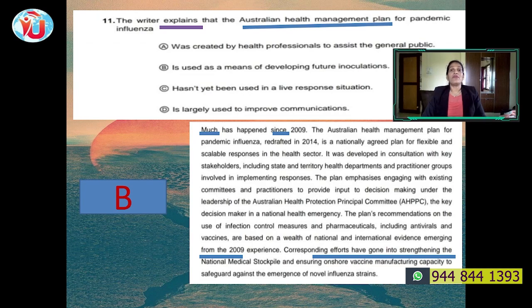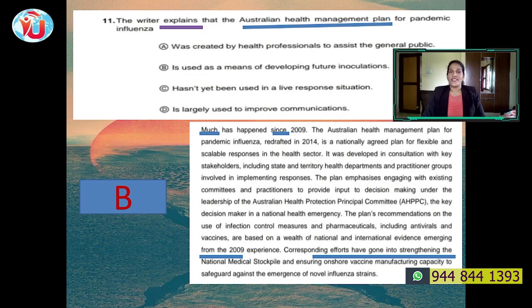The plan's recommendations, you see, it's a recommendation. Somebody is recommending, somebody is telling to do something. The plan's recommendations on the use of infection control measures and pharmaceuticals, including antivirals and vaccines, are based on a wealth of national and international evidence emerging from the 2009 experience.